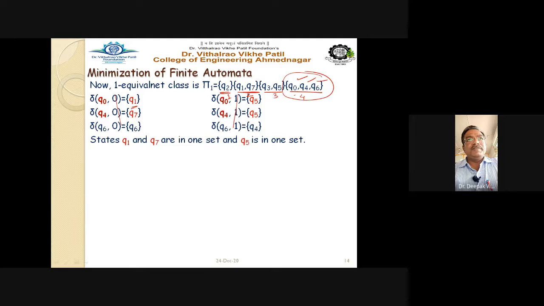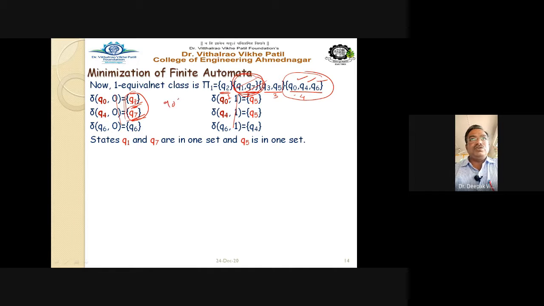Now we have to again look into Q1 and Q7. So where are Q1 and Q7? Q1 and Q7 belong to this particular set. See carefully how we are moving to two equivalent classes, or how we can call the states two equivalent states. On the right hand side of that particular transition, Q1, Q7 belong to the same set.